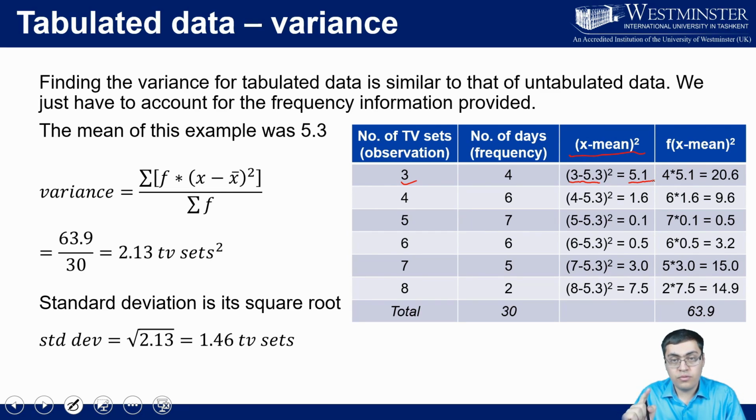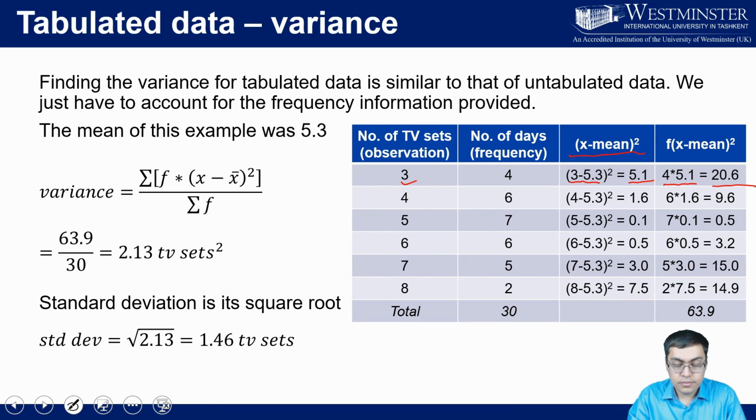Now that is only for one observation. And in here we have 4 observations of 3, so I multiply my result of 5.1 by 4. That is done in the next column, and we get 20.06. Now notice it's not exactly the same numbers, and that is due to rounding.